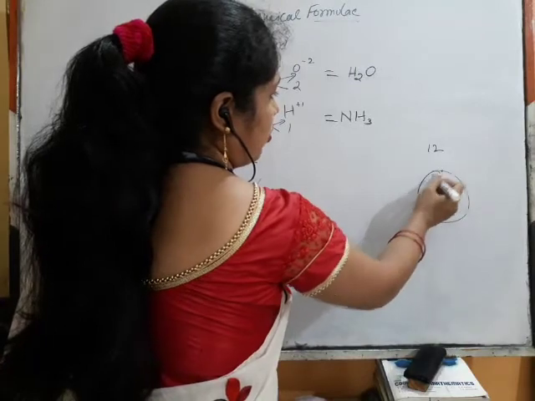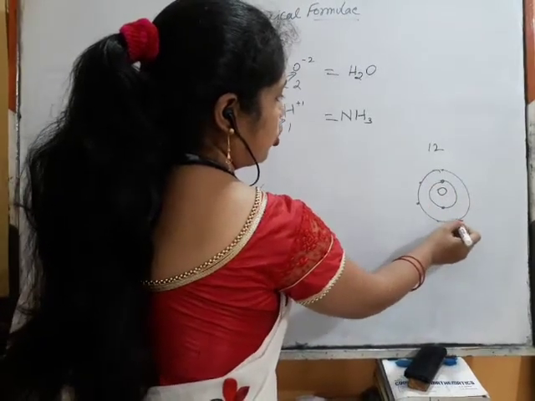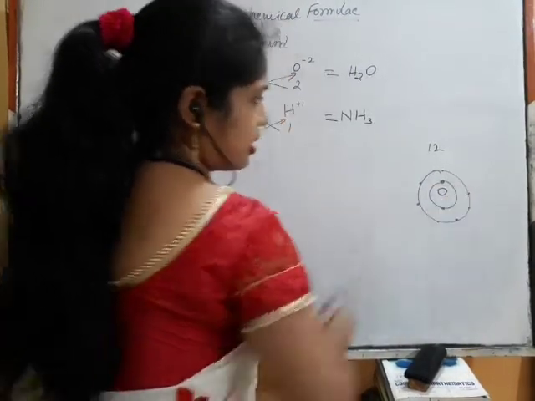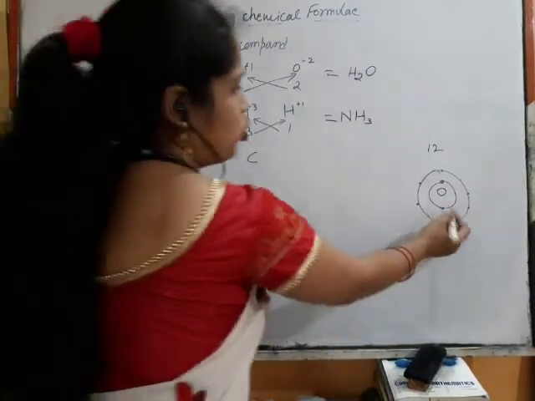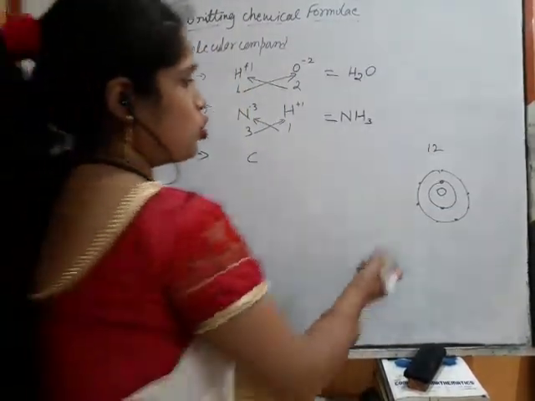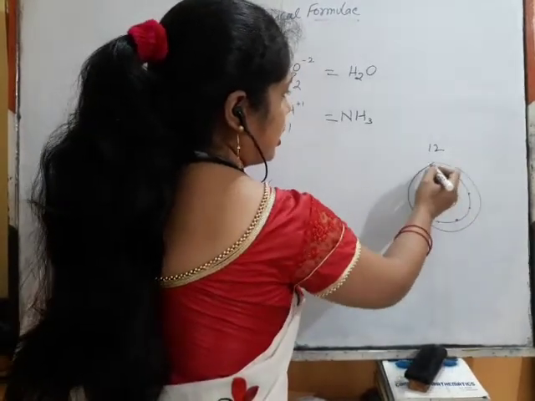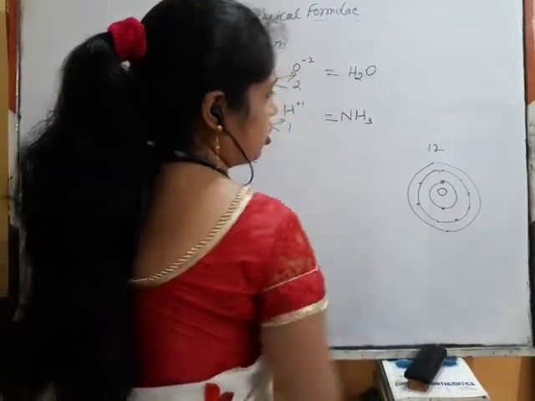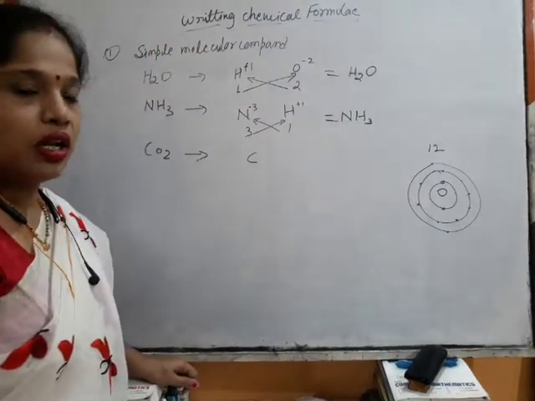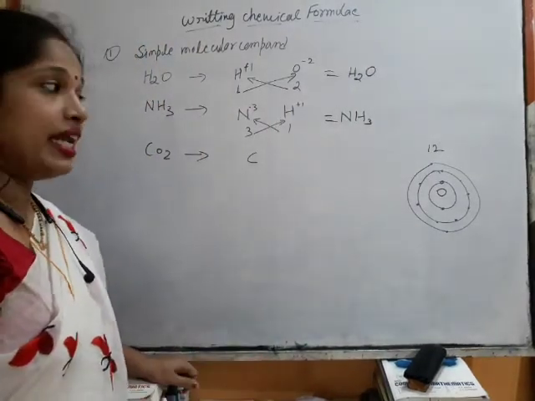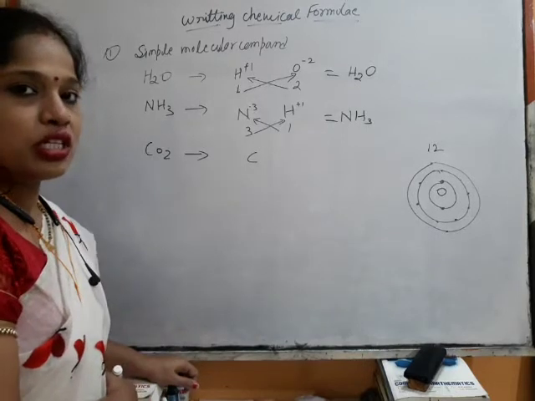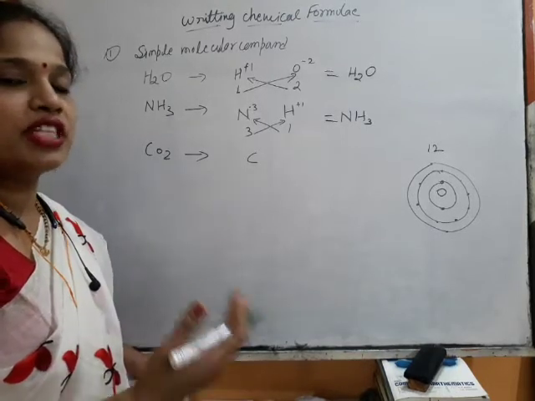Then the second shell holds 8. So 2 plus 8 is 10 electrons, and now we need more, so one more shell is needed. The atom is not stable, and it needs more electrons.